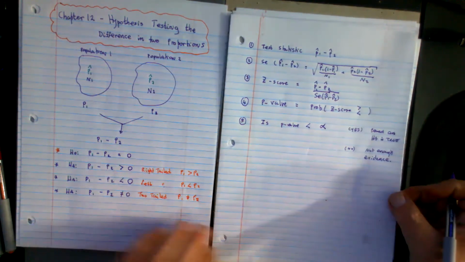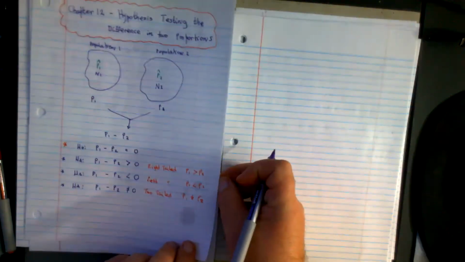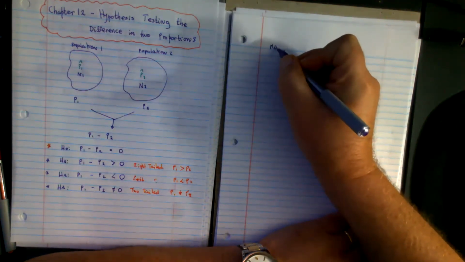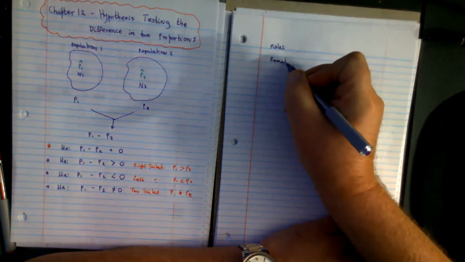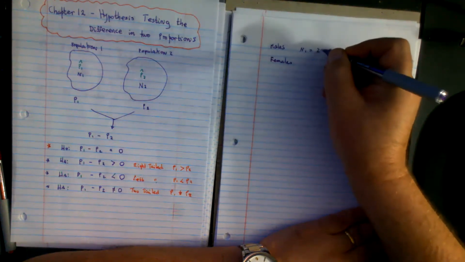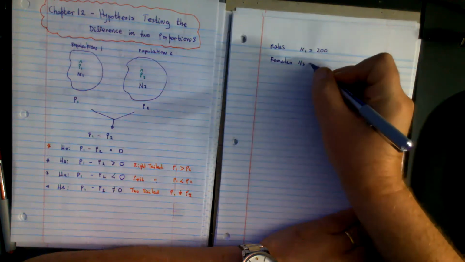So let me begin by doing one from scratch, at least as much from scratch as we can. So let's suppose that we have two populations. Population 1 is males. Population 2 is females. And in population sample 1, we have 200.